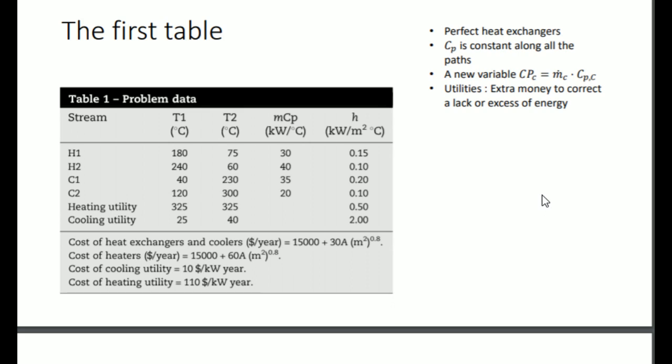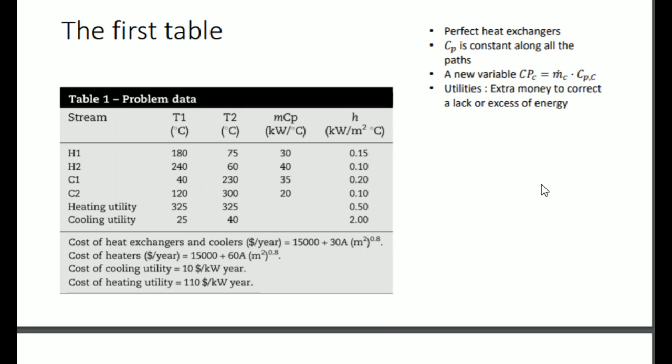We are considering perfect exchangers, so exchangers that exchange 100% of the heat. If you have a hand that is hot and you put it on cold water, obviously you will not transfer all your energy to the water.